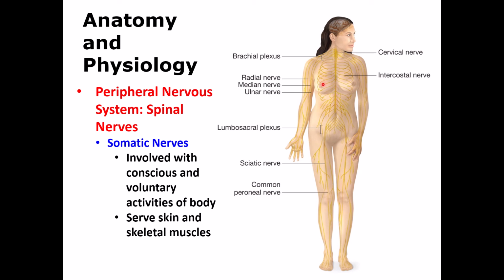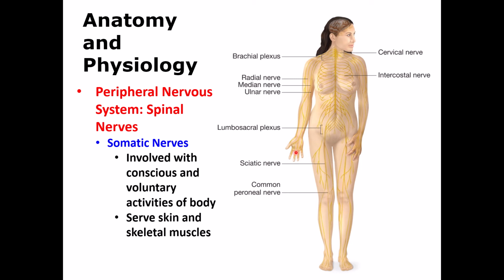And by the way, for the brachial plexus, you have different nerves here. One is the radial nerve, which is going and supplying the back of the upper arm and upper forearm, and also the back of the hand. So everything on the posterior part of the upper limb, sensory and motor, is mostly supplied by the radial nerve.